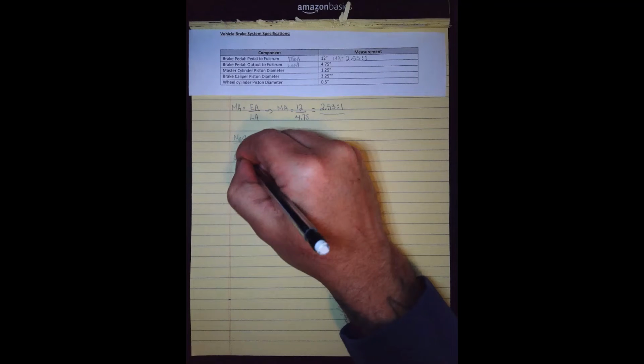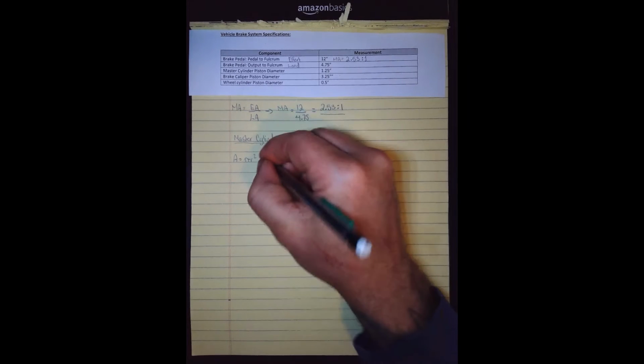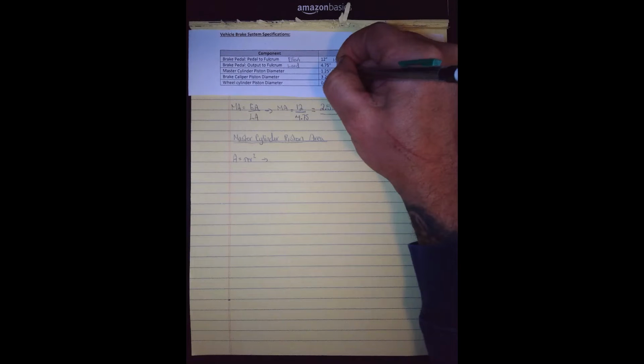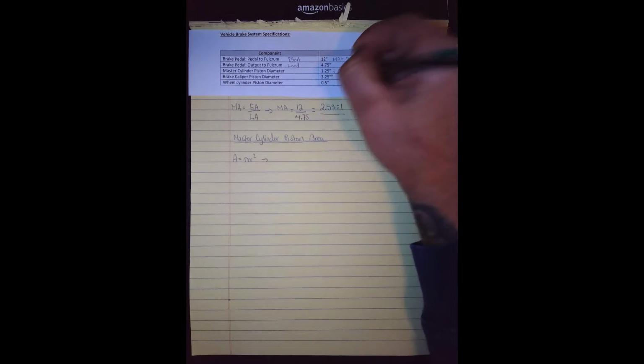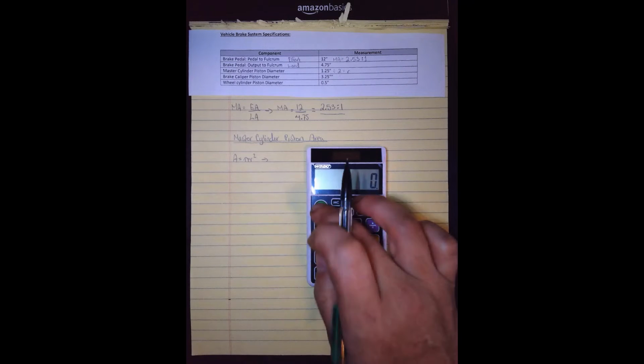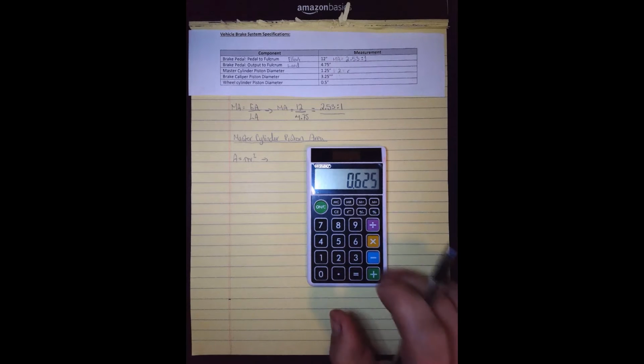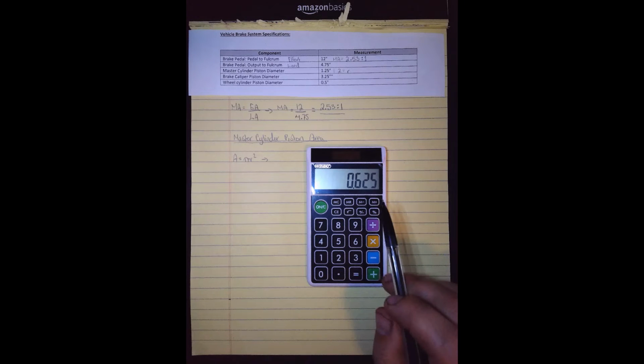Our area is going to be pi r squared, right? And we have a diameter here of 1.25. So we're just going to divide that by 2 to get the radius. 1.25 divided by 2 gives us a radius of 0.625.